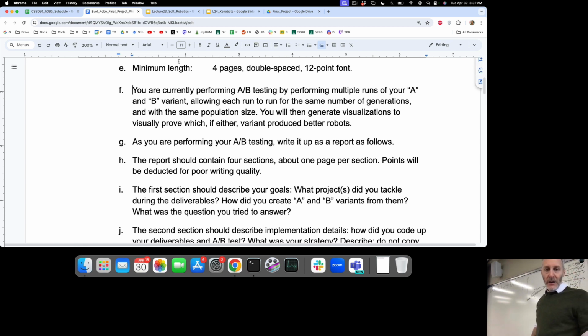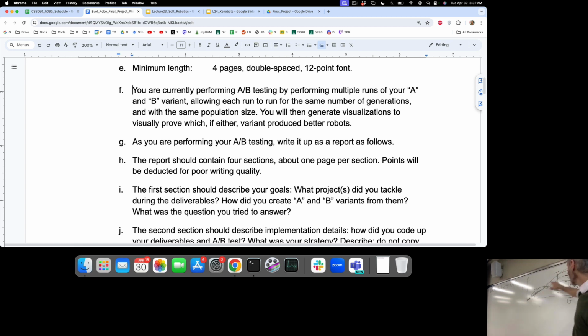You're then going to generate visualizations to try and visually prove to us which, if either variant, produced better robots. This is not a statistics class, so you don't necessarily need to provide error bars or confidence intervals, if you know what those are. That's a statistical method for really strengthening your claim that one group is doing better than another.